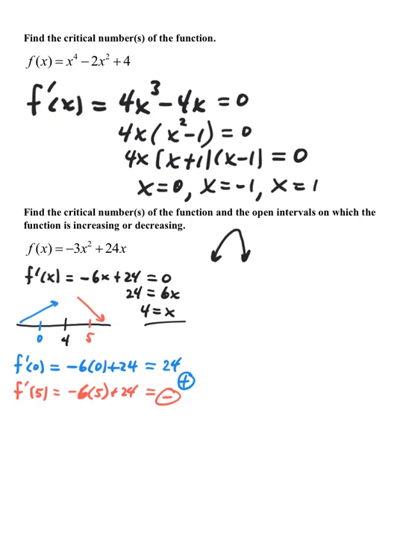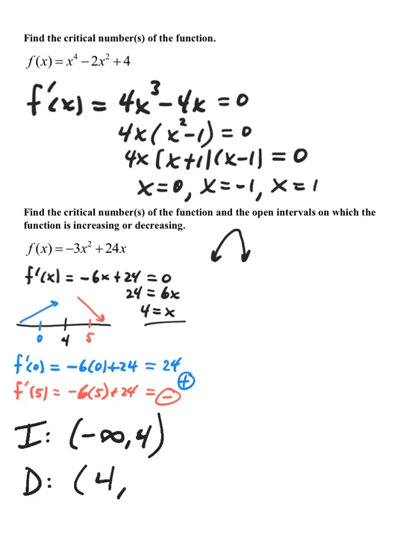So to put it all together, as long as your values of x are less than 4, your graph is increasing. The moment you go past 4, your graph drops off and decreases.